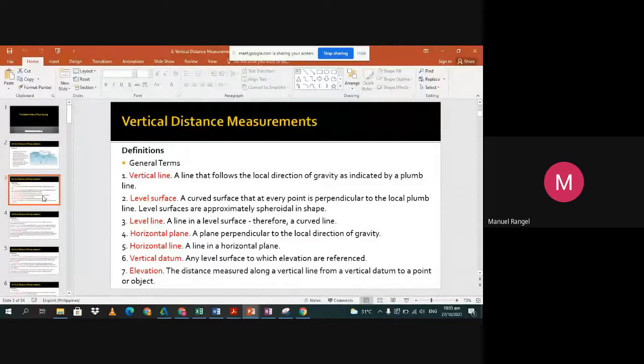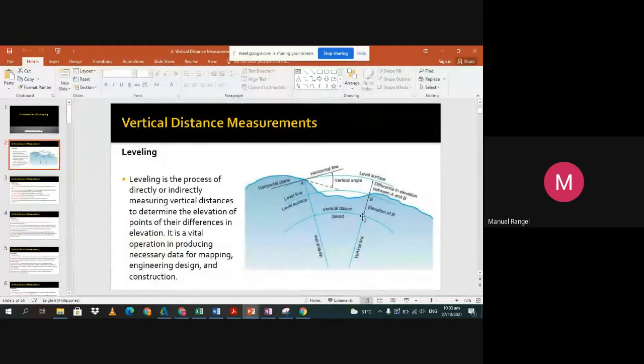Like earlier, the vertical datum is any level surface to which elevations are referenced. Then elevation is the distance measured along a vertical line from a vertical datum to a point or object. So for example, there is the reference or datum.